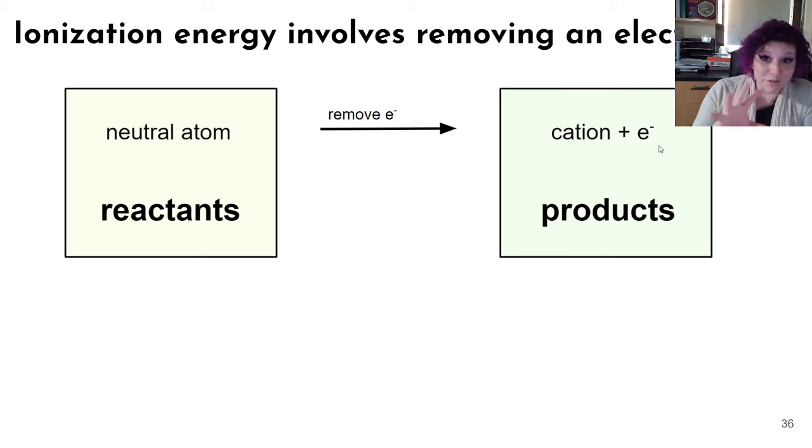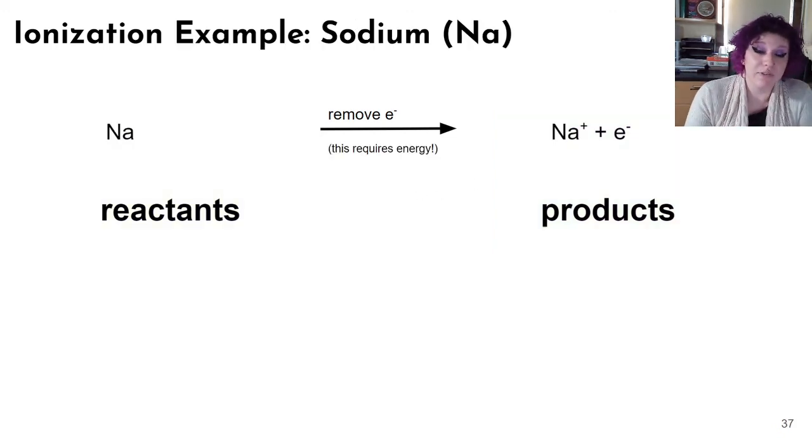We don't just get to forget about this electron. We grab it, we pull it out, and it's there. We don't get to just pretend the electron doesn't exist. It is one of our products. So one example of an element that easily gives up one electron is sodium. Sodium is Na, and this is our reactant. So we're going to put it on the left side, on our reactant side.